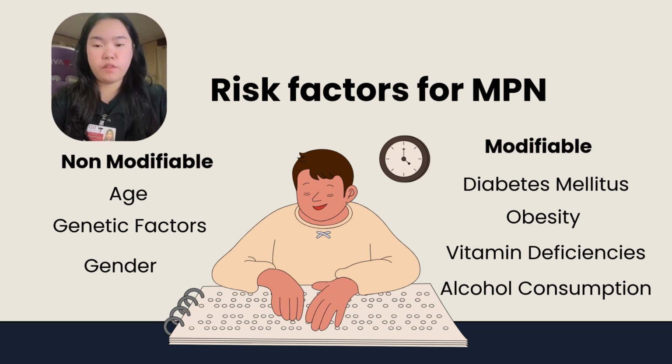So, modifiable risk factors, number one is diabetes mellitus. Uncontrolled diabetes, especially when your glucose is at a high level with poor management, is the most significant risk factor for metabolic peripheral polyneuropathy. Prolonged hyperglycemia causes inflammation and metabolic disturbance within the nerve fibers.